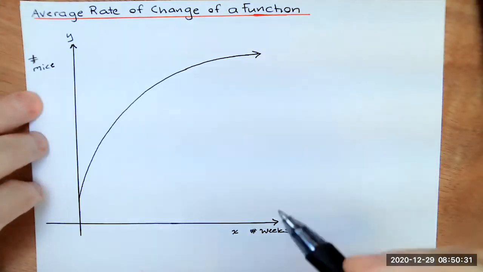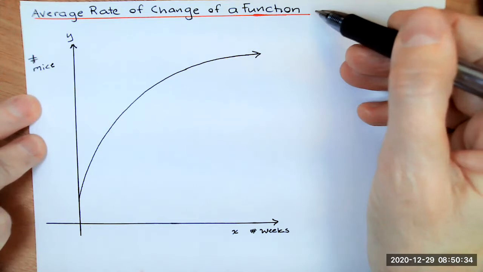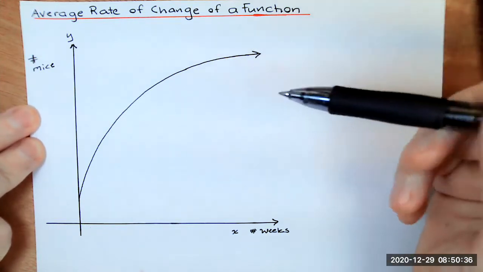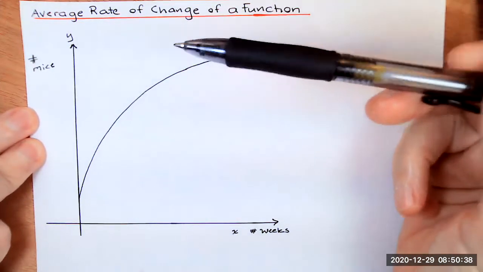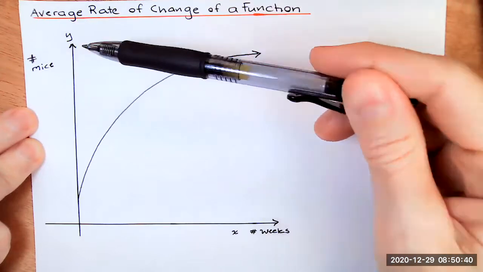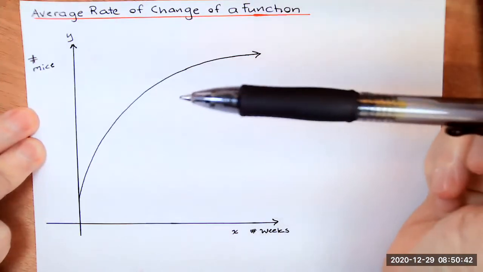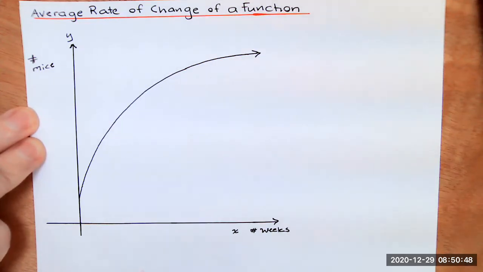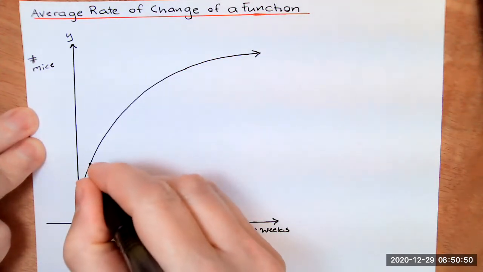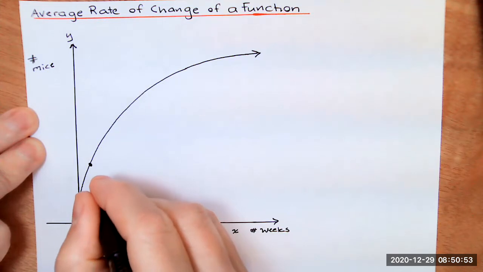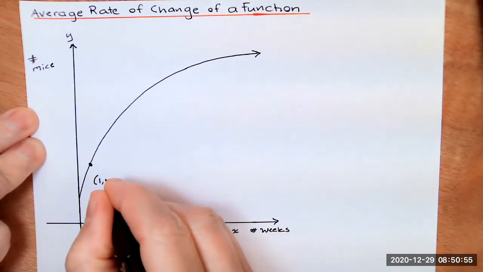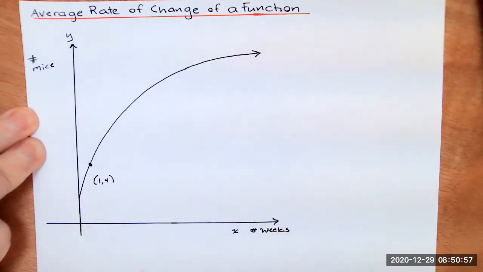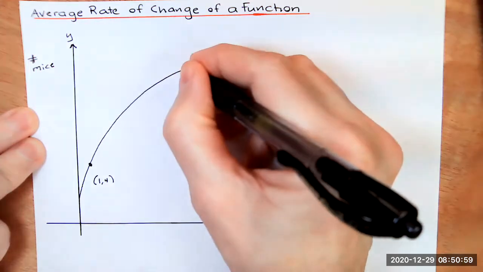Let's talk about the average rate of change of a function. So suppose we have a quantity function which describes the number of mice that you have in your basement as a function of the number of weeks from the start of the year. So let's just suppose that on week 1, you had 4 mice in your basement.